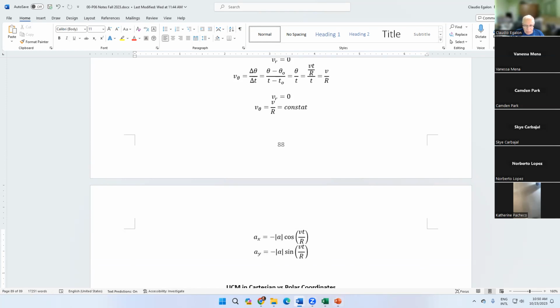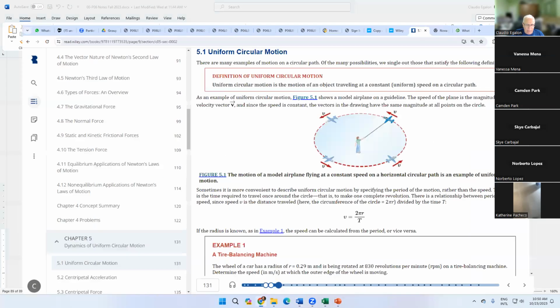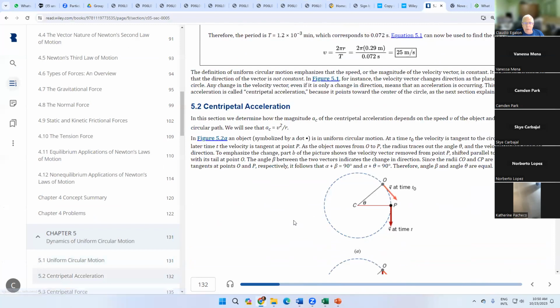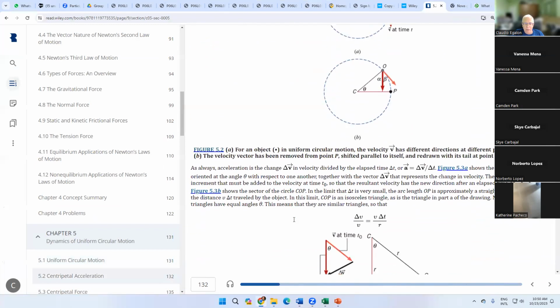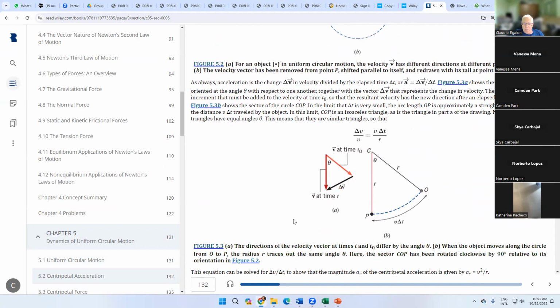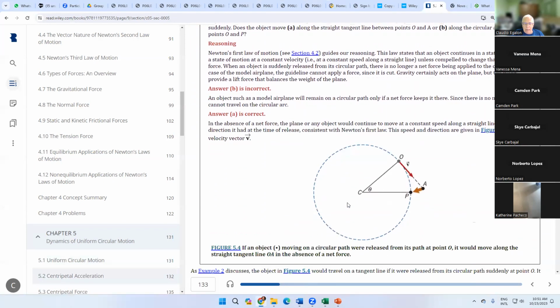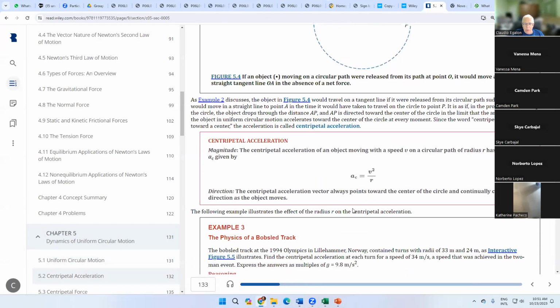Let's see if the book has it. I don't want to do that because it's too lengthy. It's centripetal acceleration. Let's see if the book does. Yeah, the book does. I want you to look carefully, okay? Delta V over delta T is going to be the acceleration. And the formula is a very easy one to memorize. It's V squared over R, okay?